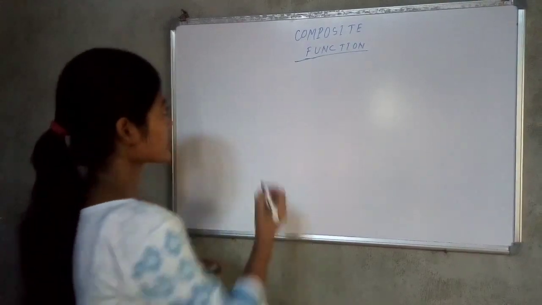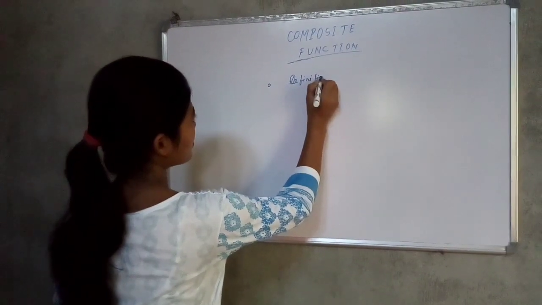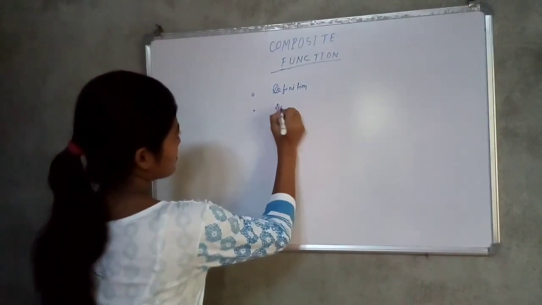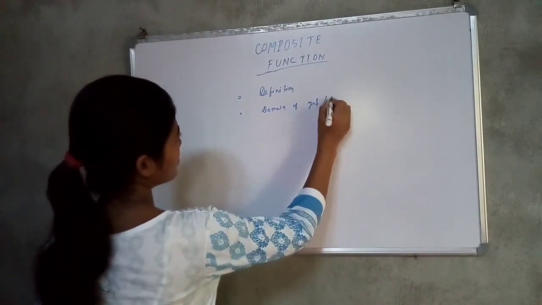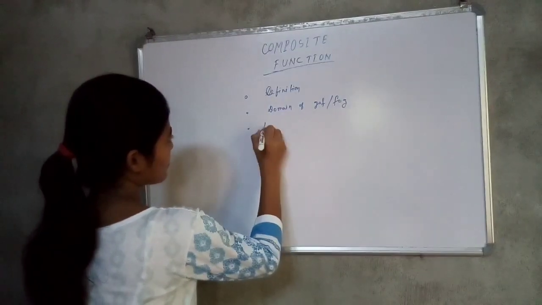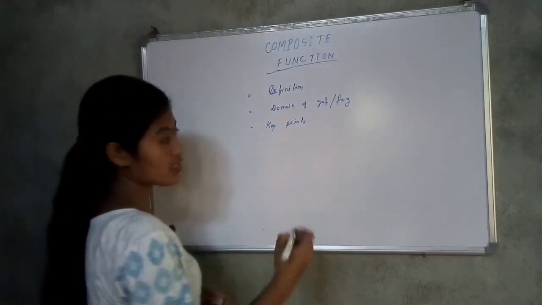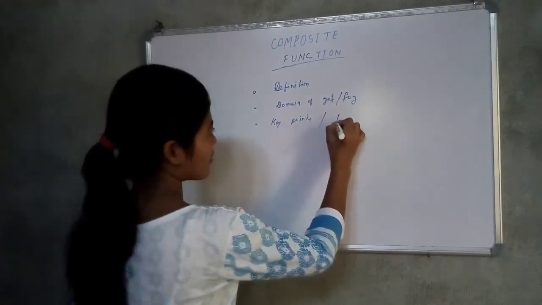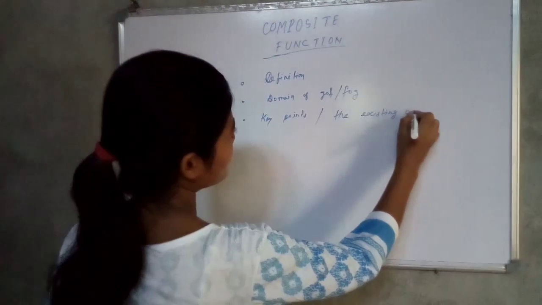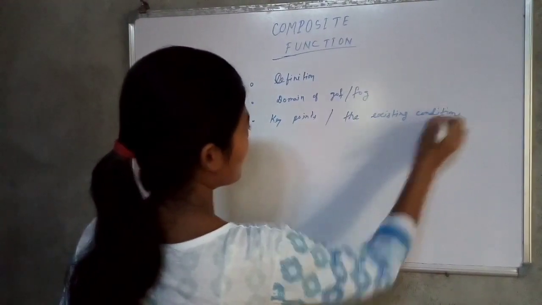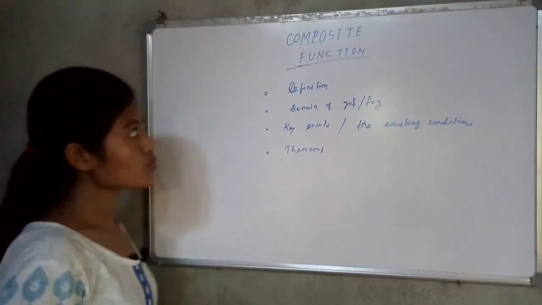So what we have learned today are the definition of composite function, the domain of a composite function, key points about composite function, that means the existing condition of a composite function, and lastly, theorems related to composite function.